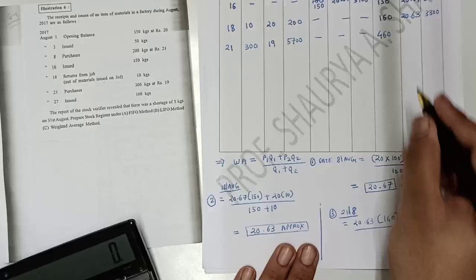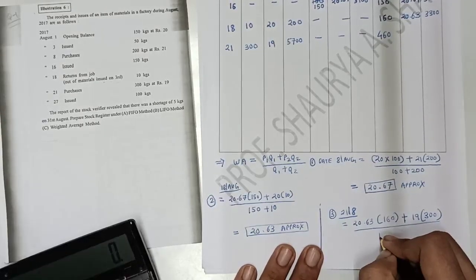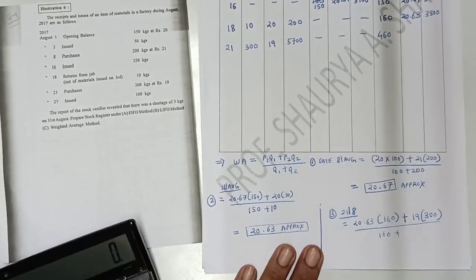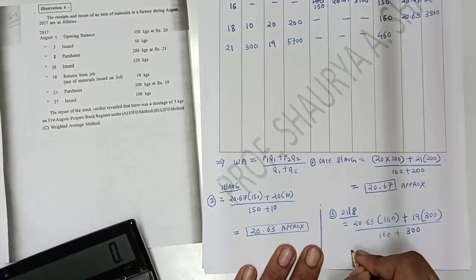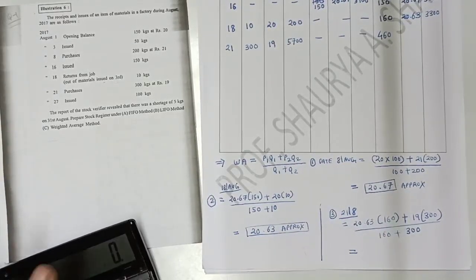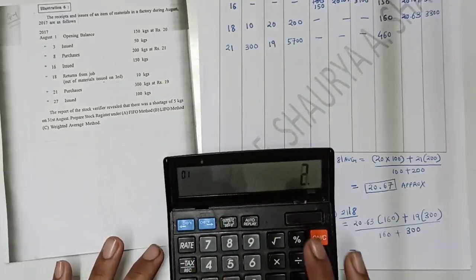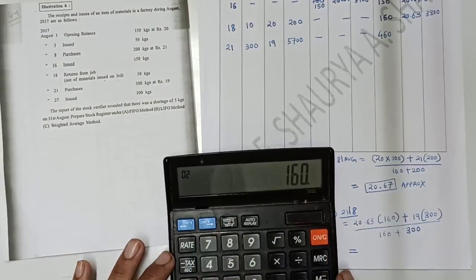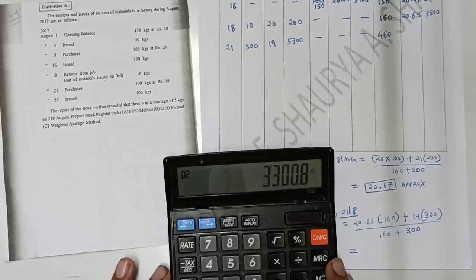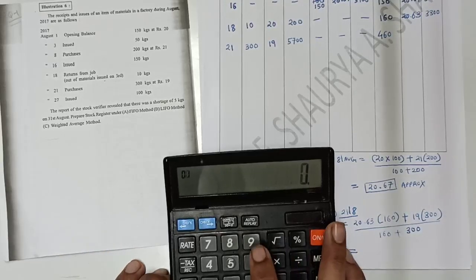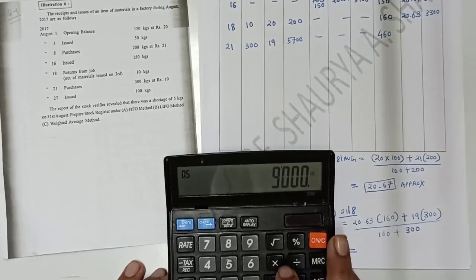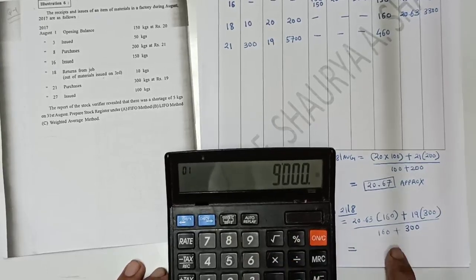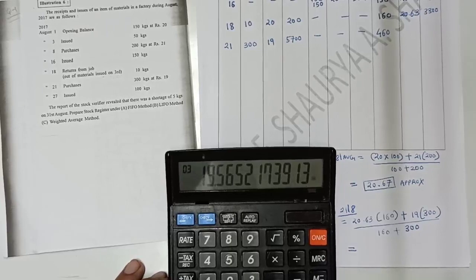What is my Q1? That is 160, plus what is my Q2? That is 300, right? So you need to calculate, students, 20.63 into 160 plus 19 into 300, that is 9000, divided by 460, right?